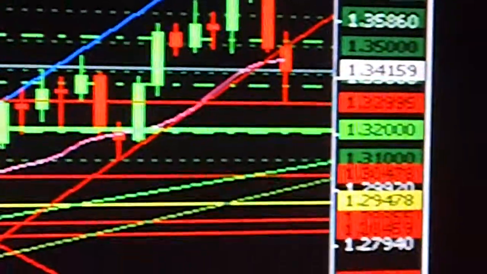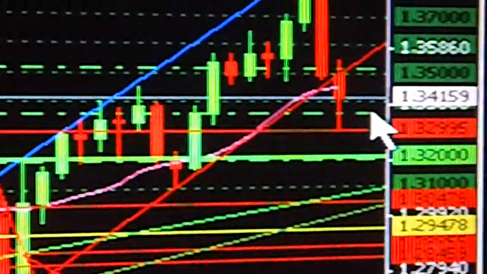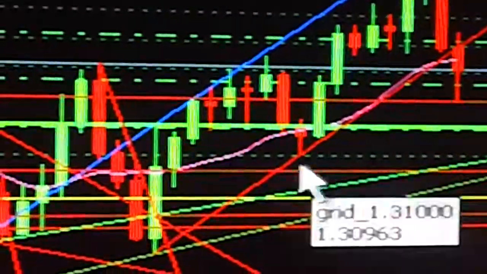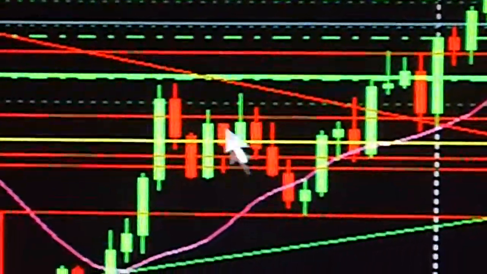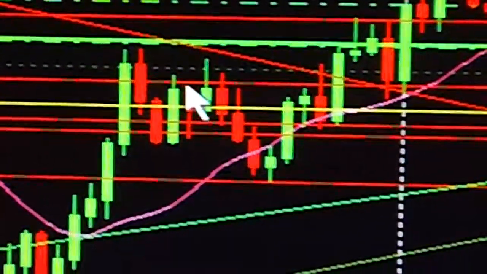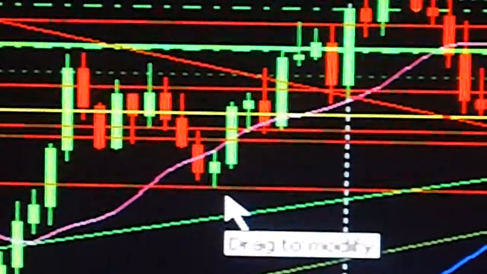Basically I'm in a good trade right now. I'm going to probably make a lot of money because I've broken through this uptrend line. This is a trend line, and you draw these on there to see where to buy and sell. When price goes up and hits a point, that's resistance. If it comes down and hits a heavy buy point, then that's support.